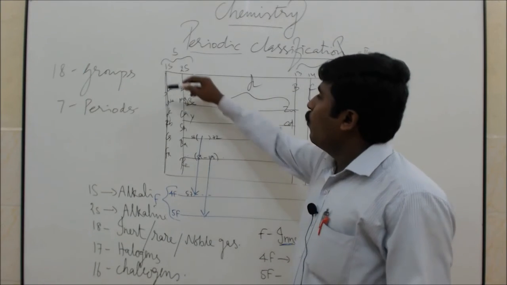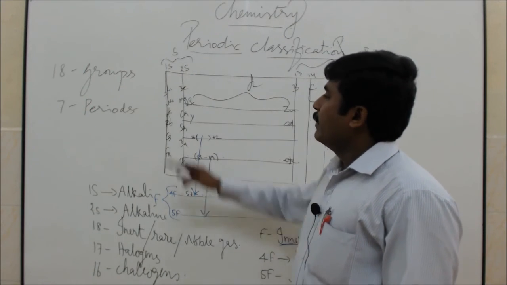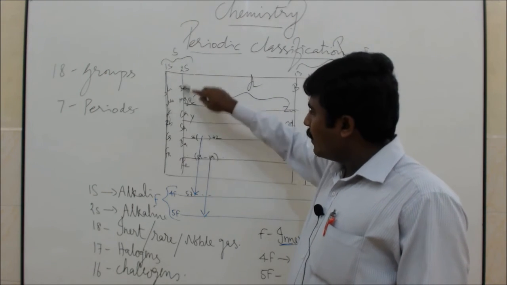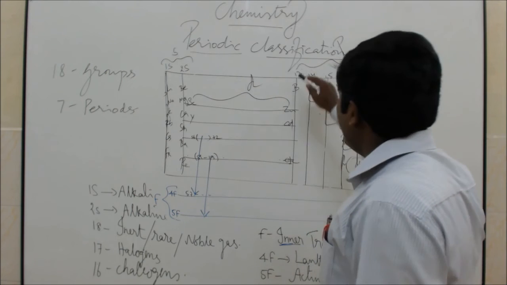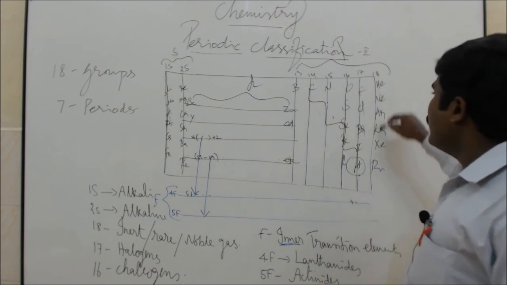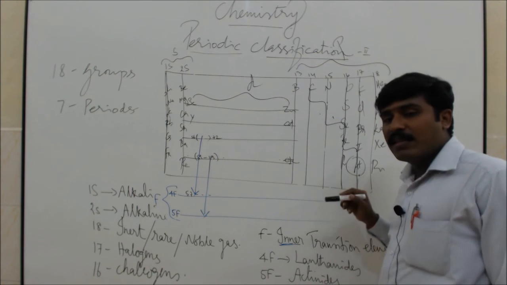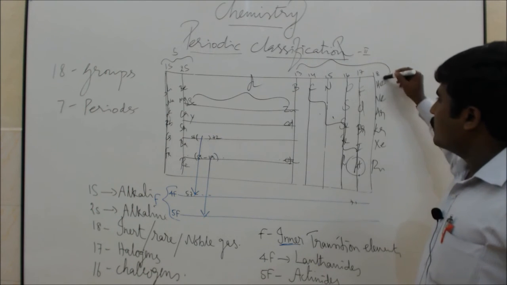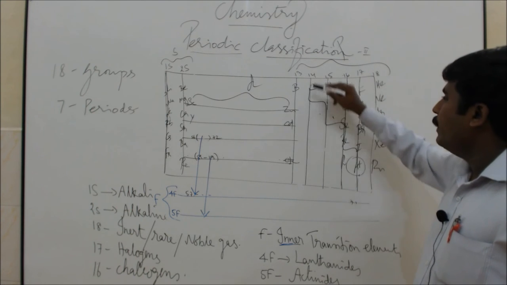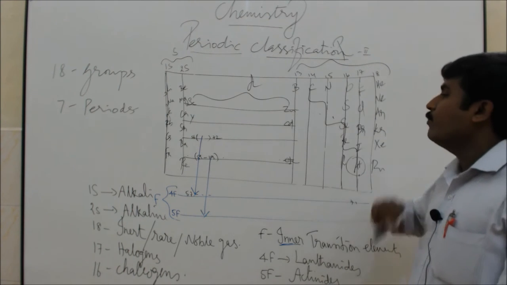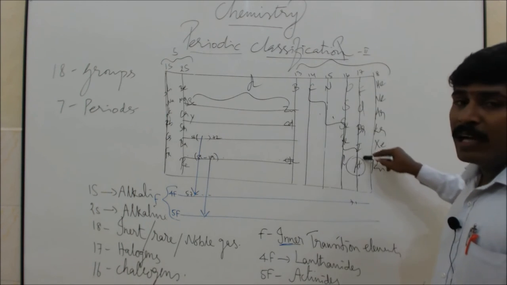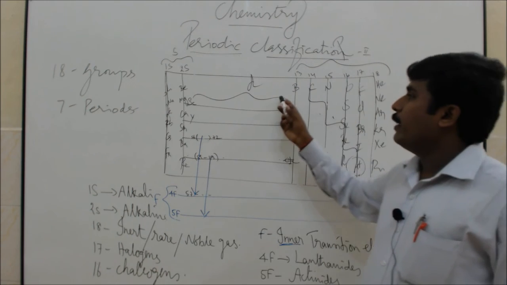Out of 18, the first 2 go to the S block, named as 1s block and 2s block elements: alkali metals, alkaline earth metals. Then the 13th group, 14, 15, 16, 17, 18: boron family, carbon family, nitrogen family, chalcogens, halogens, inert gases or rare gases or noble gases. These are metals, non-metals and metalloids.